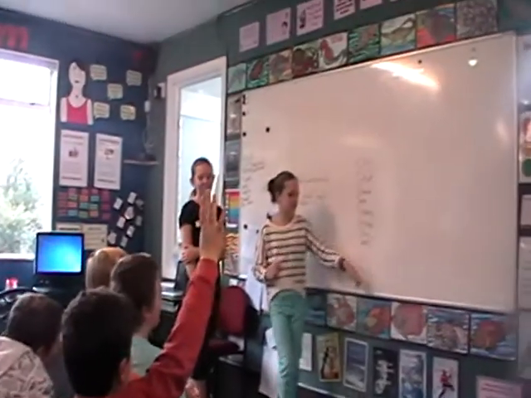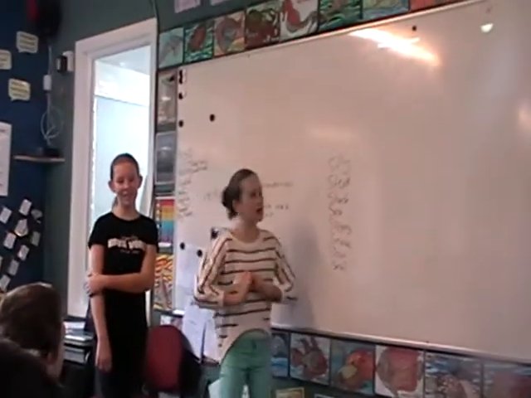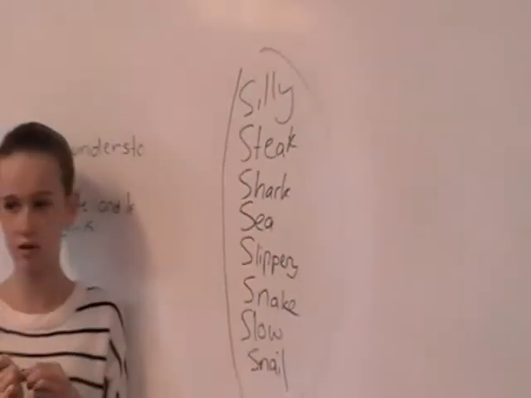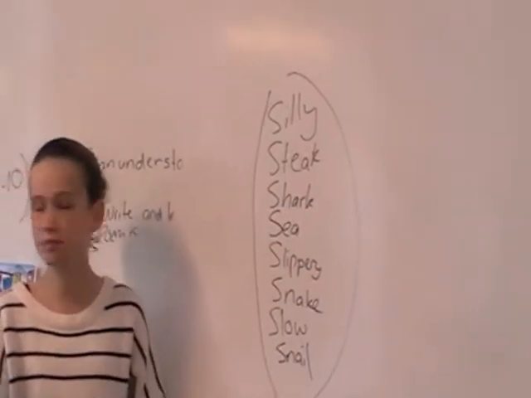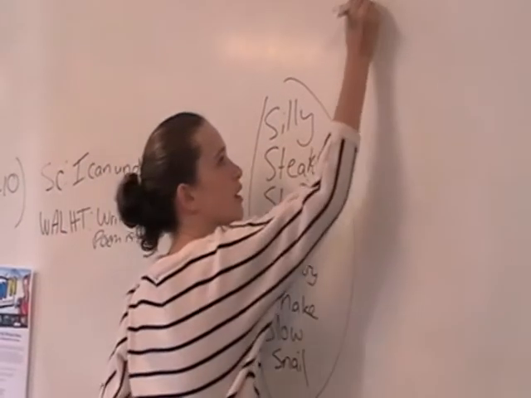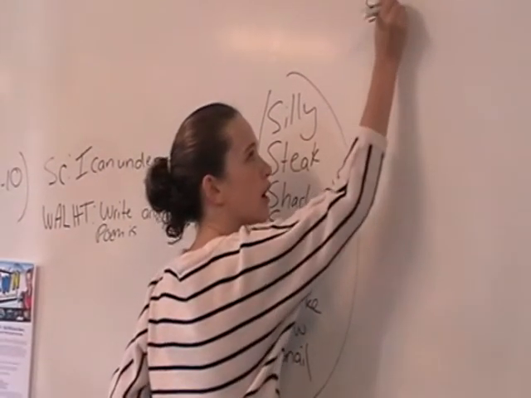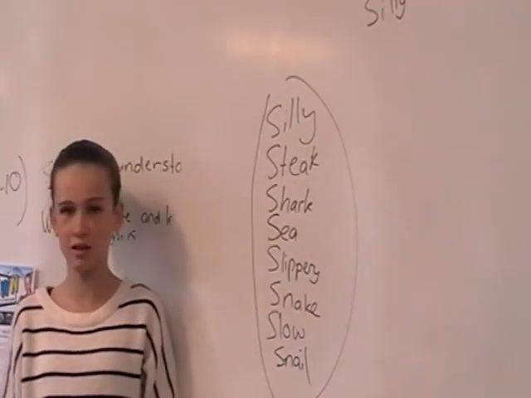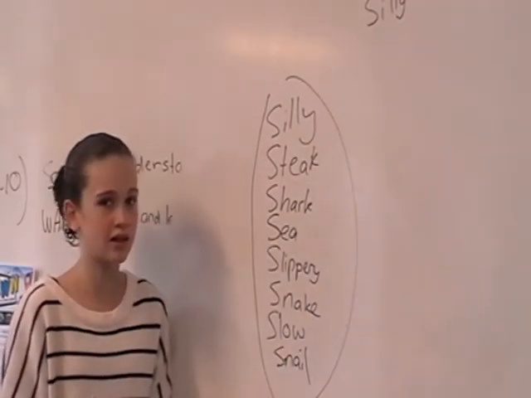Okay, so how are we going to make that into a poem? What word do you think we should start with? James. Silly. Silly steak got snapped up by a shark.